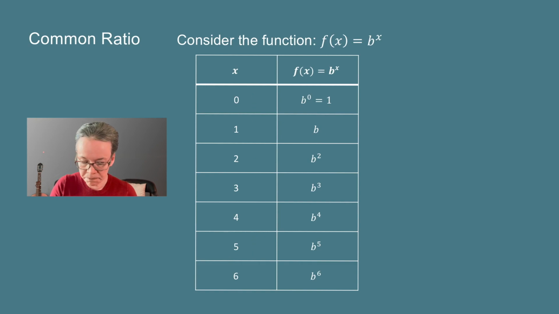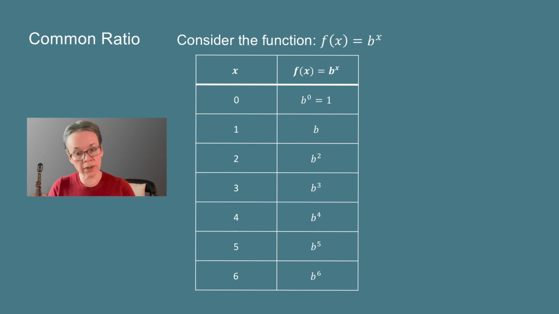For example, if x is 0, I substitute 0 for x. So I'm going to have b to the 0, and we know that b to the 0 is 1.